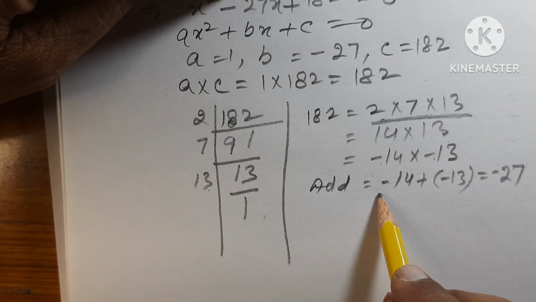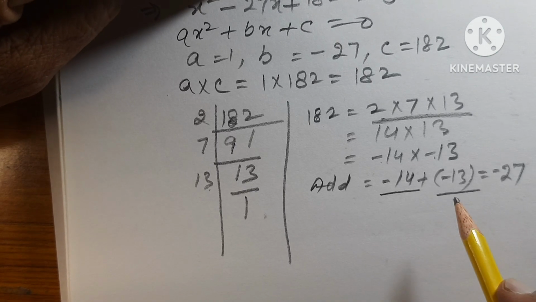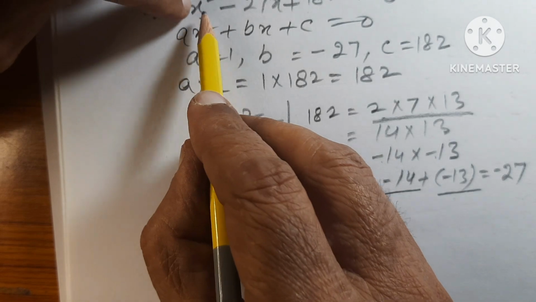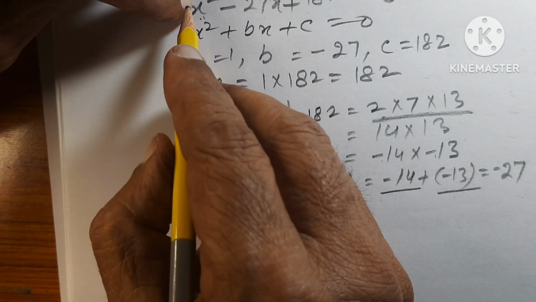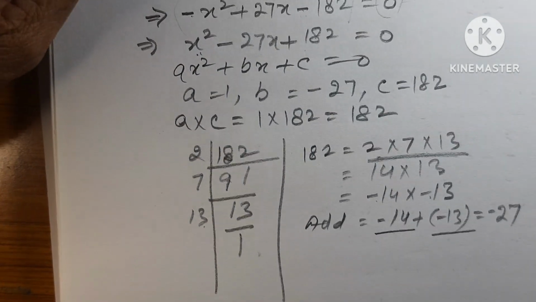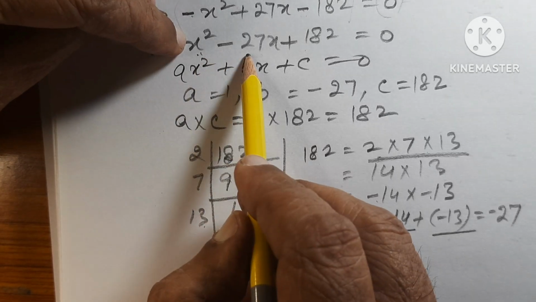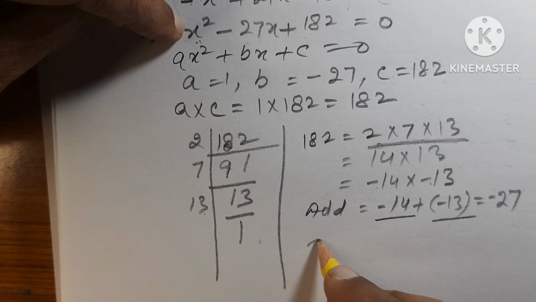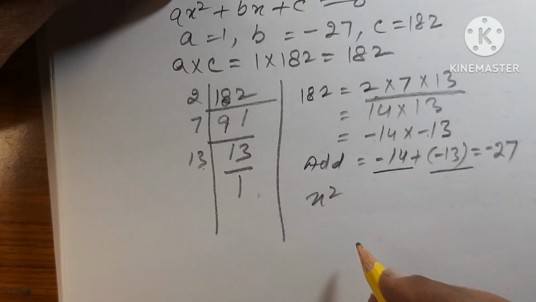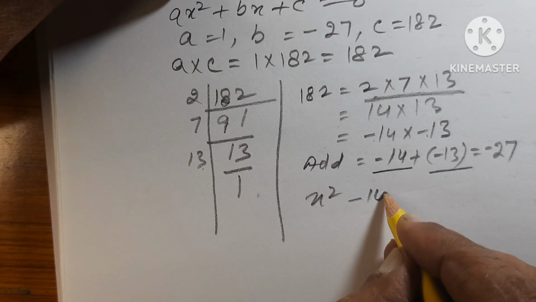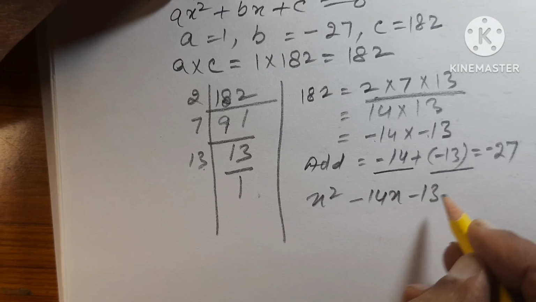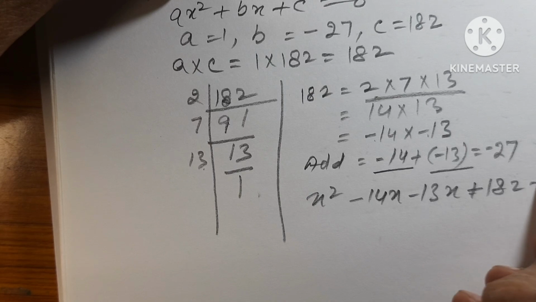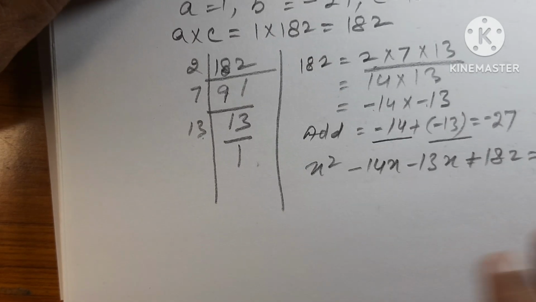Hence our required factors are minus 14 and minus 13. So we'll write this equation, x square minus 27x plus 182 is equal to 0, as x square minus 14x minus 13x plus 182 is equal to 0.